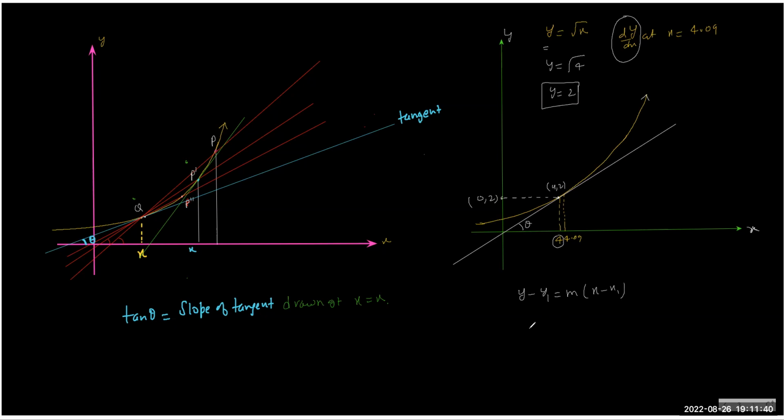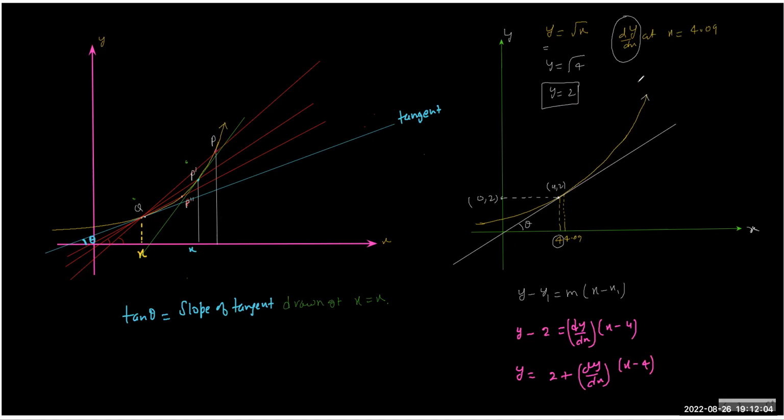I hope you remember this. Basically, y minus y1, which is luckily here 2, m is basically dy by dx, and x minus x1 is x minus 4. So y I can get by writing 2 plus dy by dx into x minus 4.